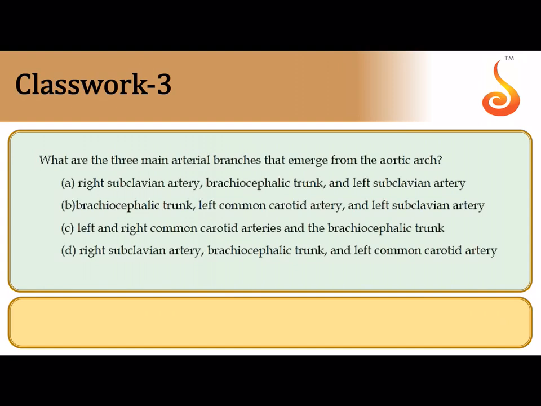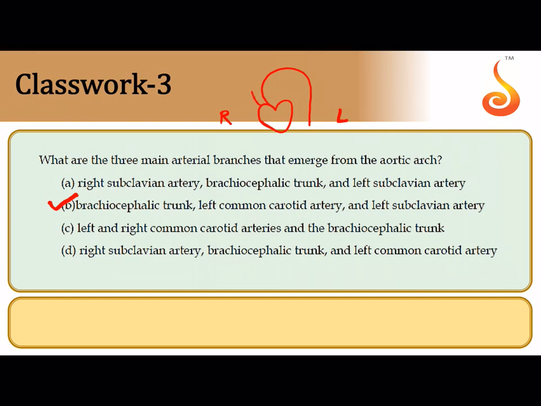What are the three main arterial branches that emerge from the aortic arch? From the aortic arch, you have the most important branches which emerge, that is the brachiocephalic trunk. For example, imagine this is your heart, and from your heart, you have the systemic artery that arises and goes towards your left side. It is not your left and your right. You're looking at somebody's chest, somebody's heart. So this is that somebody's right and somebody's left.